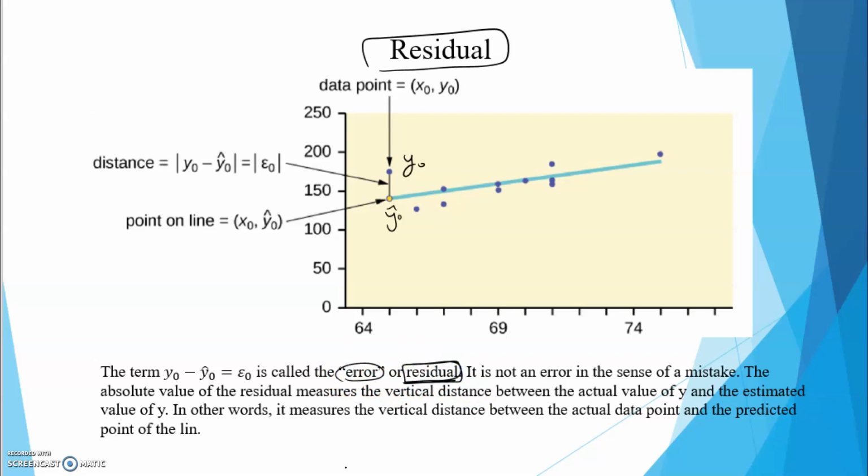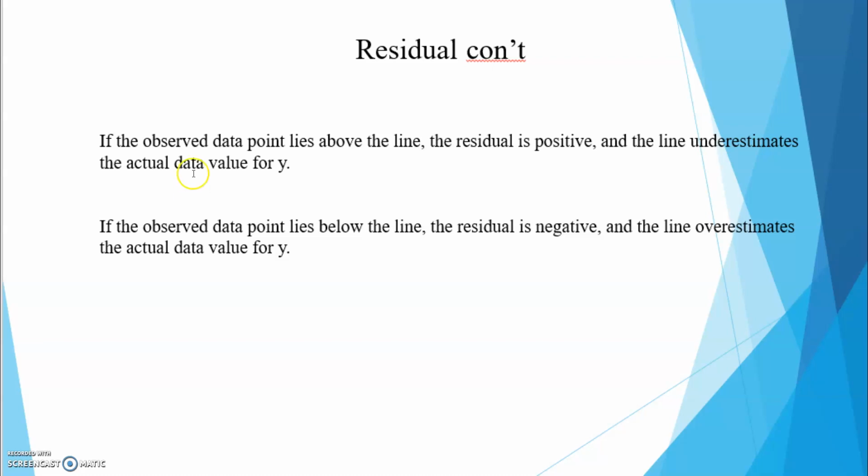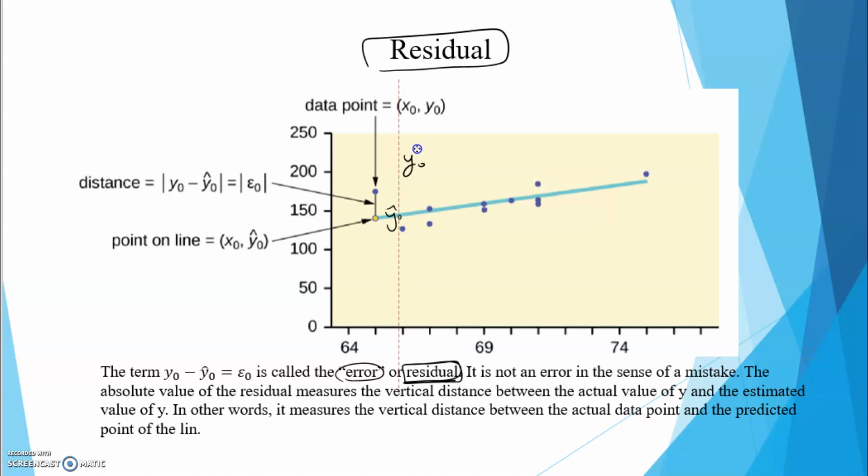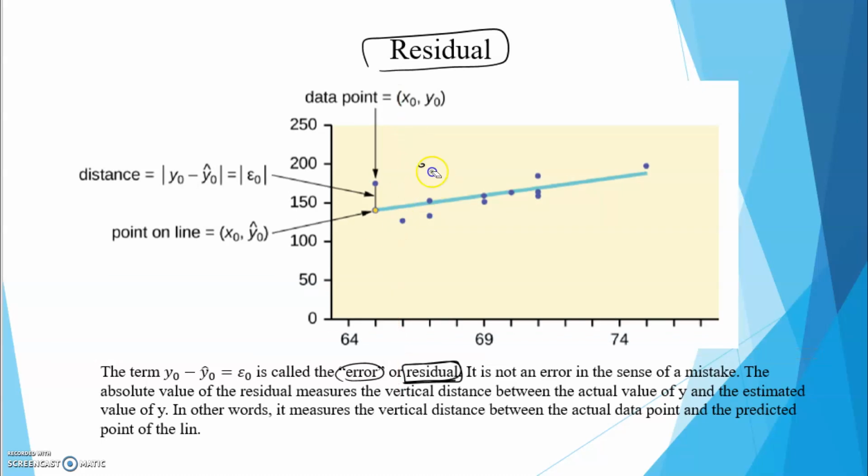Okay, so like I said, all the points on this line right here, most of the time, they are an estimate to your true data points. Now, if your observed data point lies above the line, okay, so for this one, all right, so this point, we'll actually take this point right here.